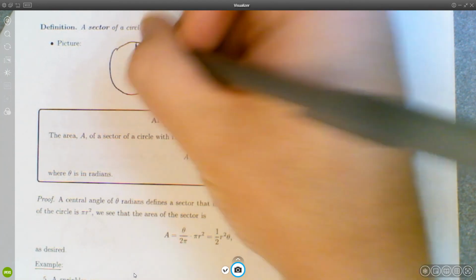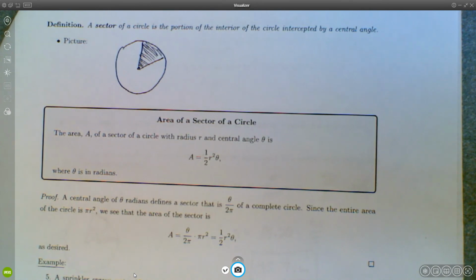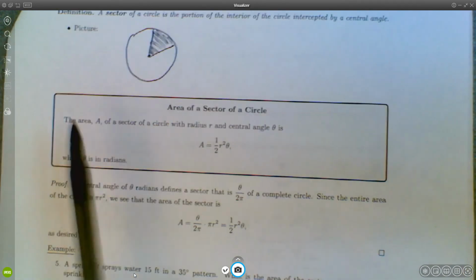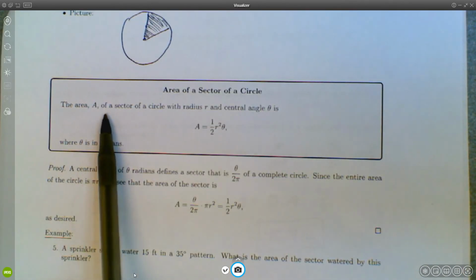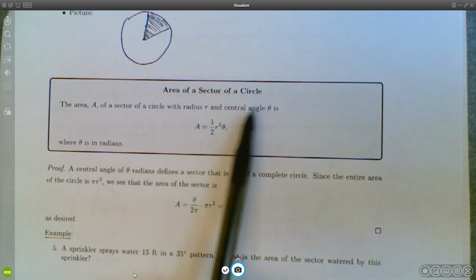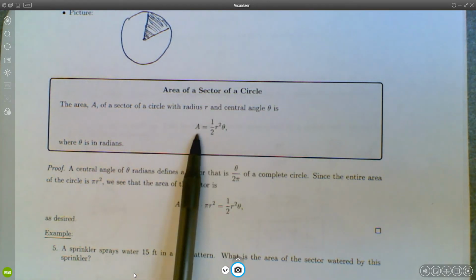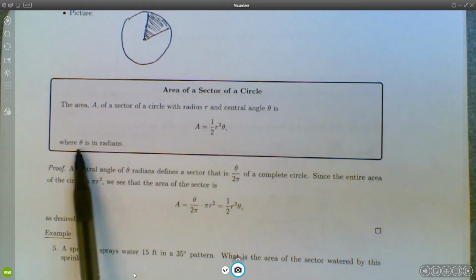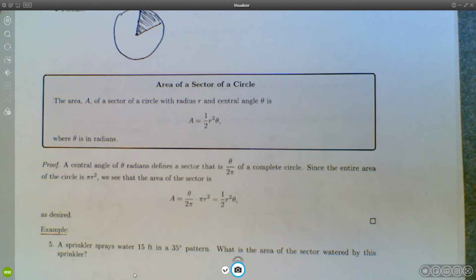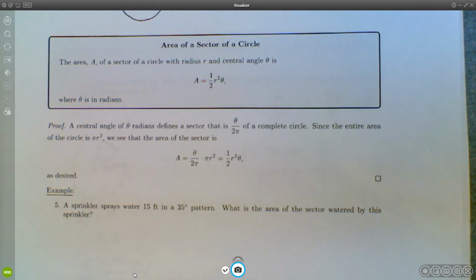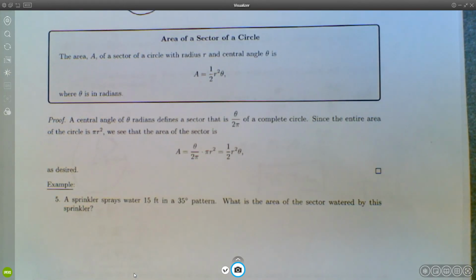It's like a little wedge, like a little piece of the pie. Okay, so the area A of a sector of a circle with radius r and central angle theta is A equals 1/2 r squared theta, where theta is in radians. Okay, here's a proof that you can read through if you'd like. Let's just do this example.